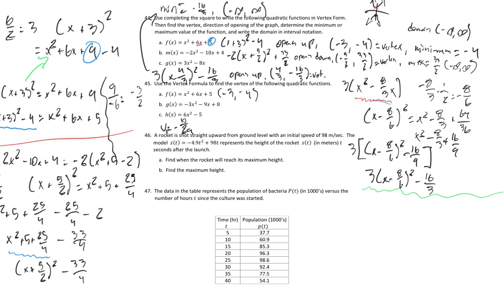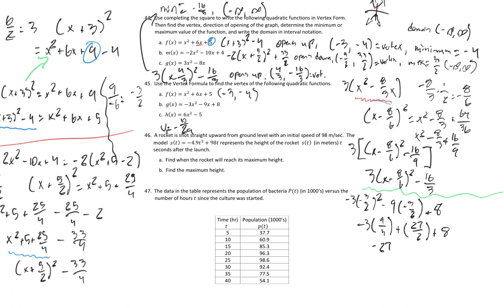So we get negative 3 times negative 3 over 2 squared minus 9 times negative 3 over 2 plus 8. Okay, this should be negative 3 times 9 over 4 plus 9 times 3 is 27 over 2 plus 8.